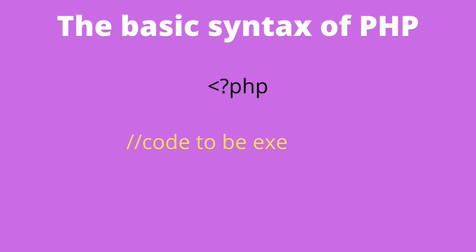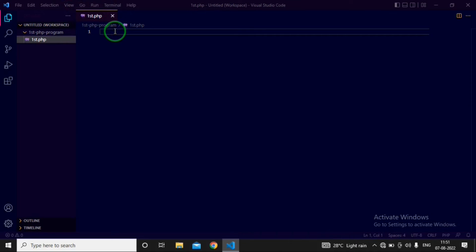The basic syntax of PHP starts with an angle bracket start, question mark, and php, respectively, and closes with a question mark and angle bracket close, respectively. In between these two we write our code to be executed. In later videos, I will discuss PHP in detail. For now, this video is all about giving you the concept of writing a PHP program and testing it in your local machine. Now, write this basic syntax in the code editor first.